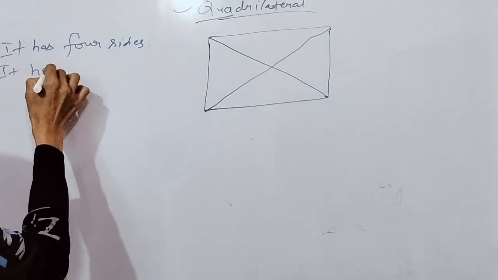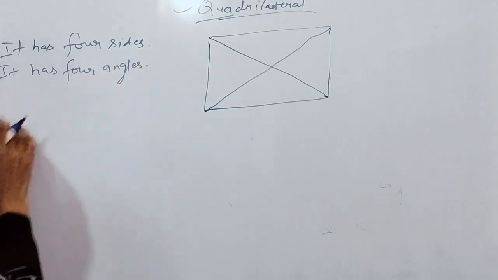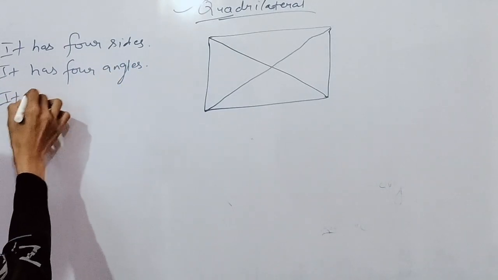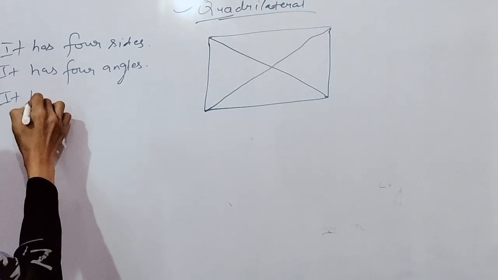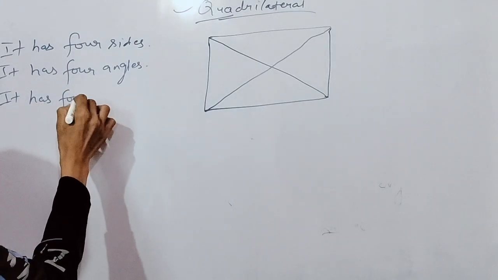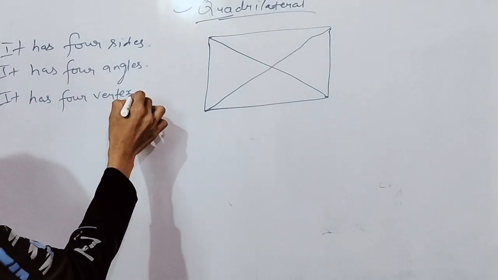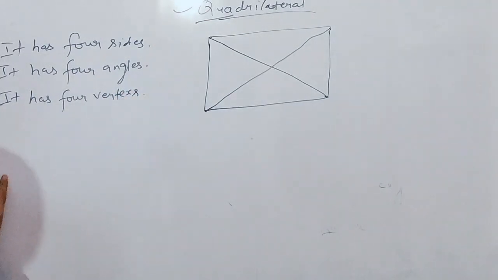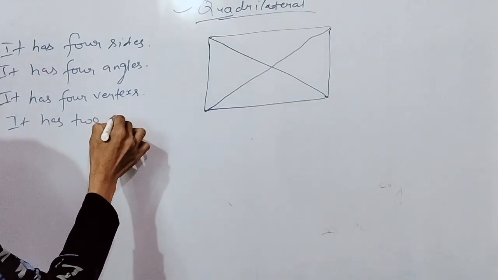It has 4 angles. It has 4 vertices. It has 2 diagonals.